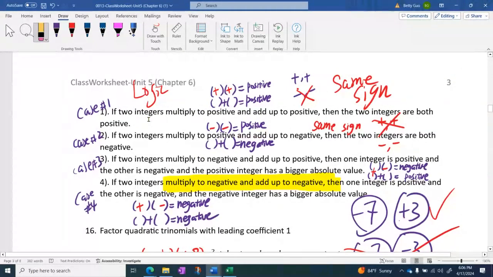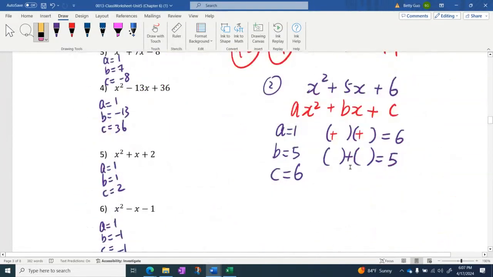We spent time to make sense of this conclusion on Monday. I hope you still remember and it still makes sense to you. If the two integers multiply to positive, they must have the same sign. They must both be positive because their addition is positive. So in this question, the two integers we are looking for are both positive.